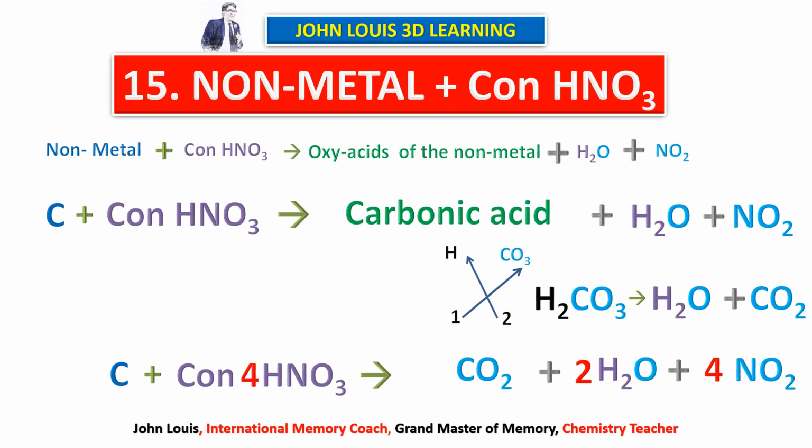Hope you understood. So we have seen all these 15 types of chemical reactions elaborately, with some examples each. I have explained them very elaborately, again and again the same points, in order to make you learn very thoroughly, so that the rules stick very well in your mind.